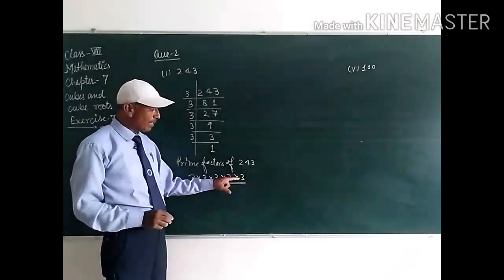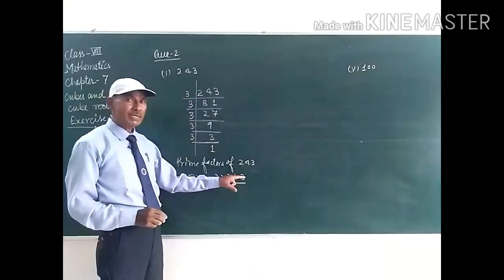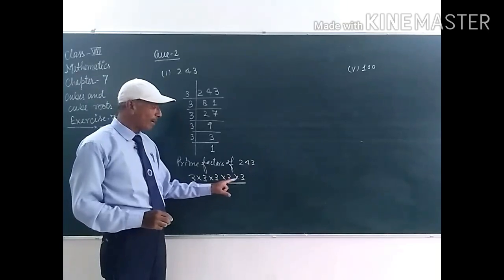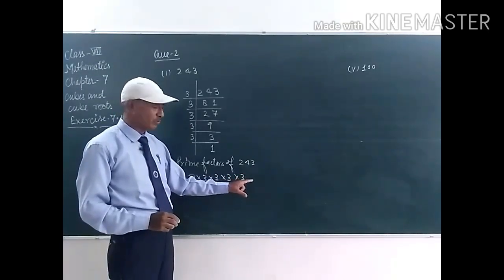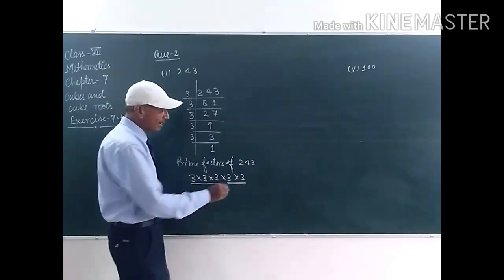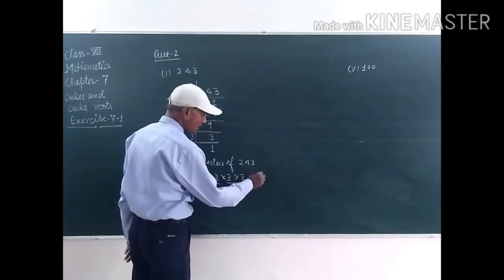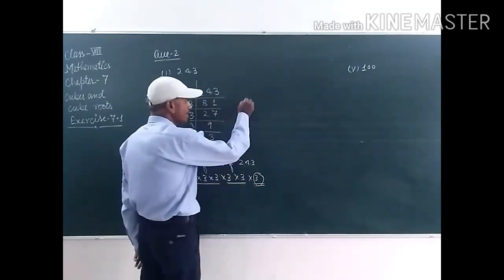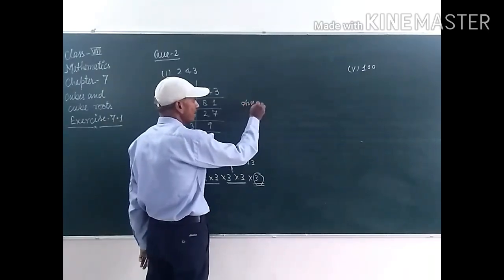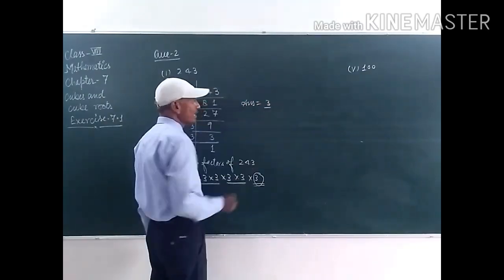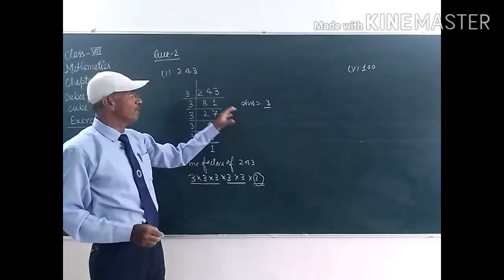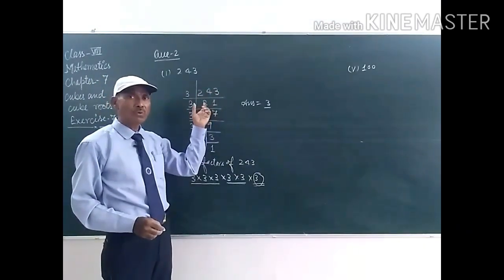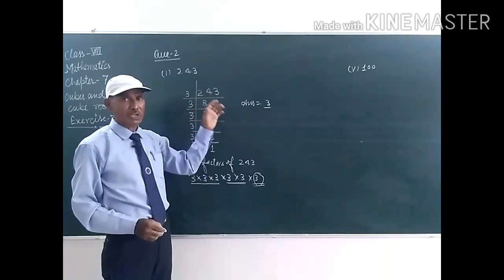If we multiply this by 3, then this triplet will be completed. So, the required number is 3, student. So, the answer is 3. 3 is the least number by which we have to multiply 243 to make it a perfect cube number.